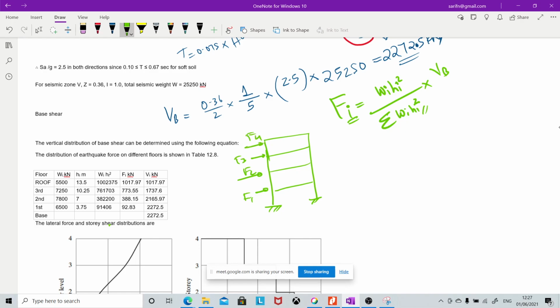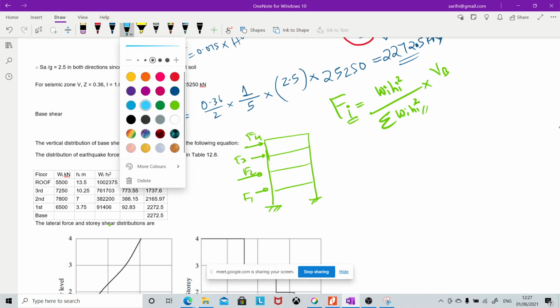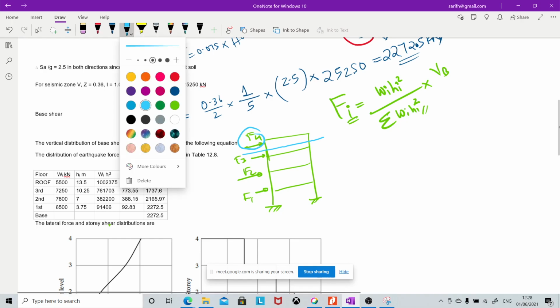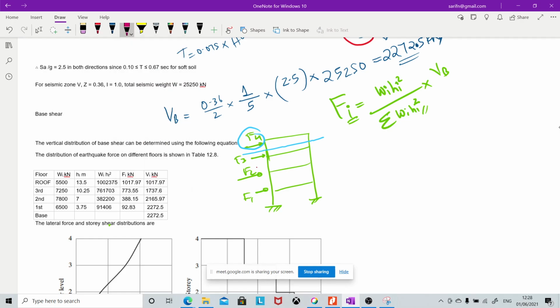Now we also require the story shear. Story shear means the shear that is acting at each story level. For example, if I am taking this particular story level, the only shear that is going to act is F4. If I am taking the next story level, the shear that is going to act will be F3 plus F4.